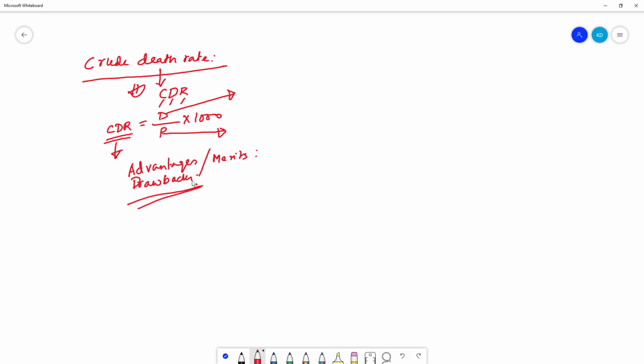For example, a region with a high proportion of old population will exhibit a relatively high CDR, since aged people contribute many deaths.